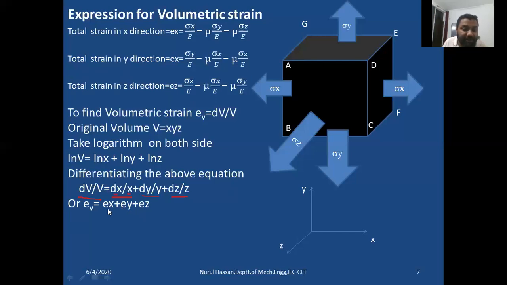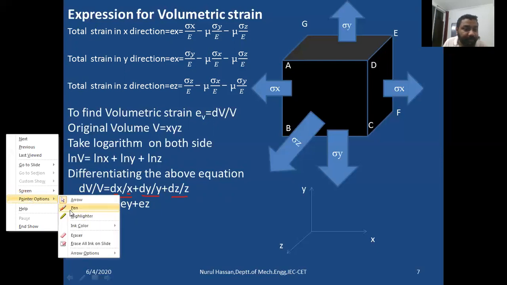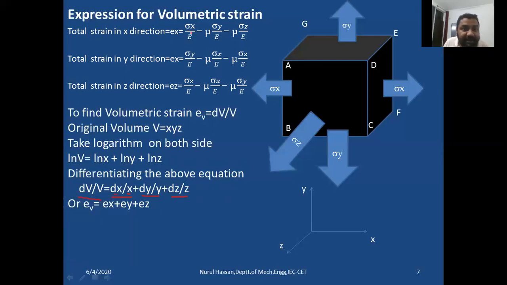And we have these equations, Ex, Ey, Ez, already derived. So if I put Ex plus Ey plus Ez, you see this expression, sigma x by E, sigma y by E, sigma z by E. So I am adding these three terms.